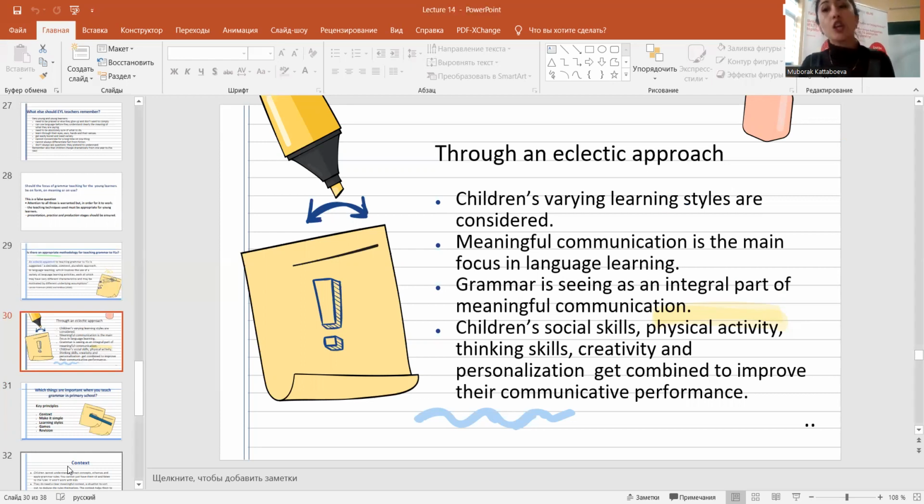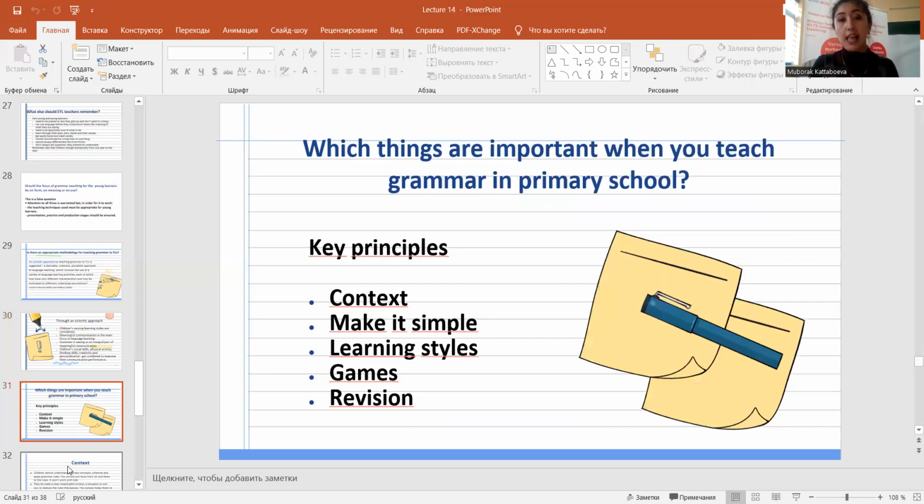So grammar is not your focus, communication is. Children's social skills and physical activities, thinking skills, creativity, and personalization can get combined in one activity and in one 60-minute class.